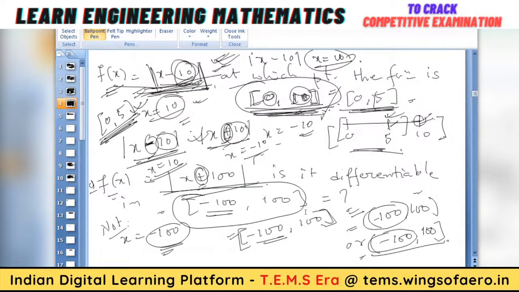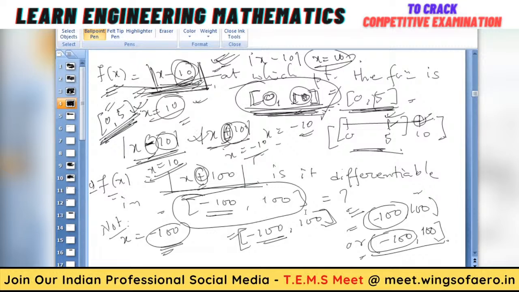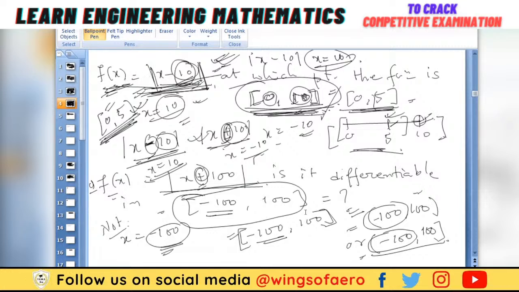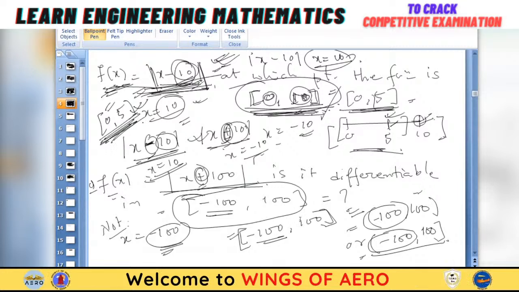So you need to check whether the non-differentiable point is included in the interval or excluded. If it is included, only then the function is not differentiable. If it is excluded, then obviously the function is differentiable in this interval. Got my point?